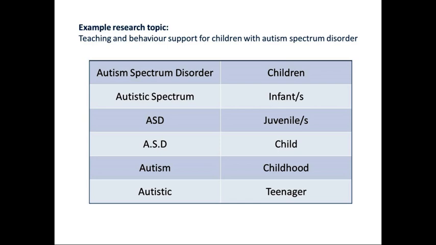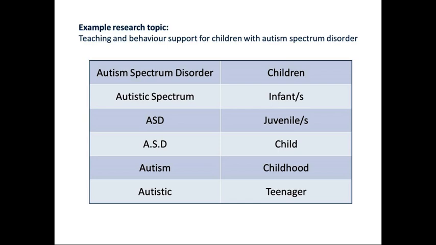And if we put quotation marks around it, we can make a phrase. So if we link those together with another OR, we've got two on this side, so we've got autis* spectrum or just autis* with the asterisk. And then on this side we've got infant or juvenile or child. And then between these columns you would have an AND.